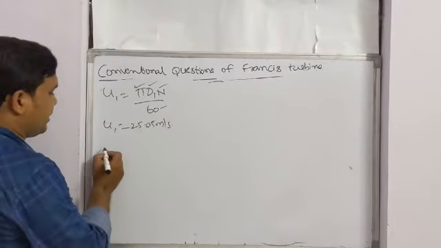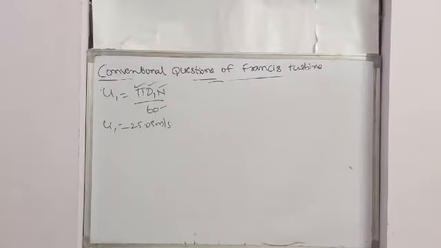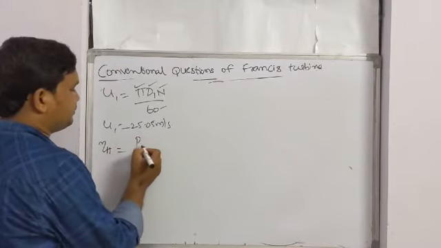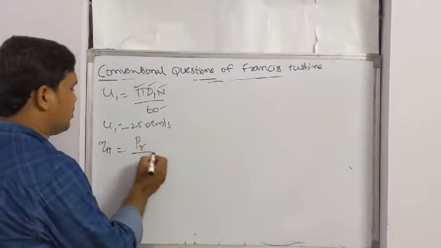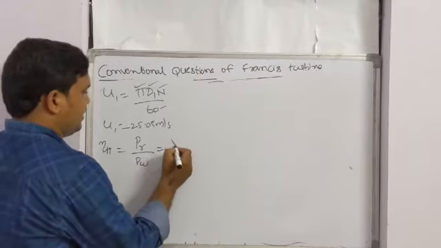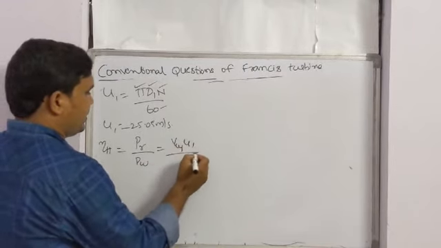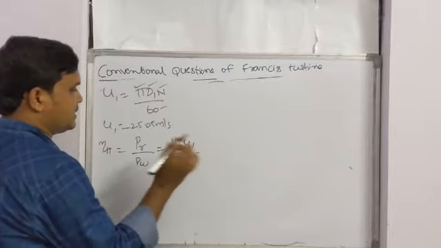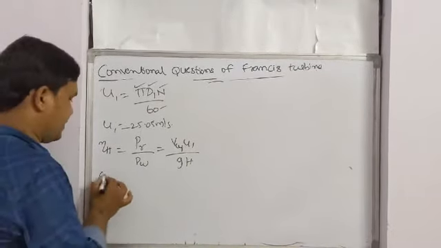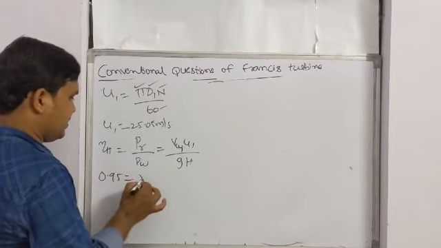Then we should find out Vw1. How can we find out Vw1? Hydraulic efficiency is equal to runner power by water power, which finally gives Vw1 u1 by gH. Hydraulic efficiency is given as 0.95.